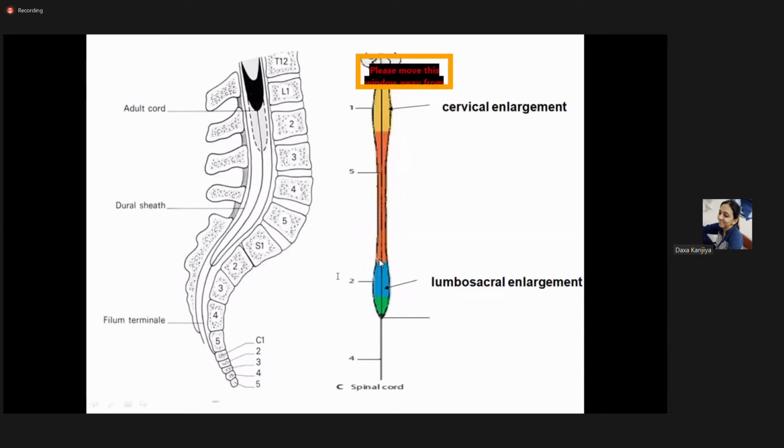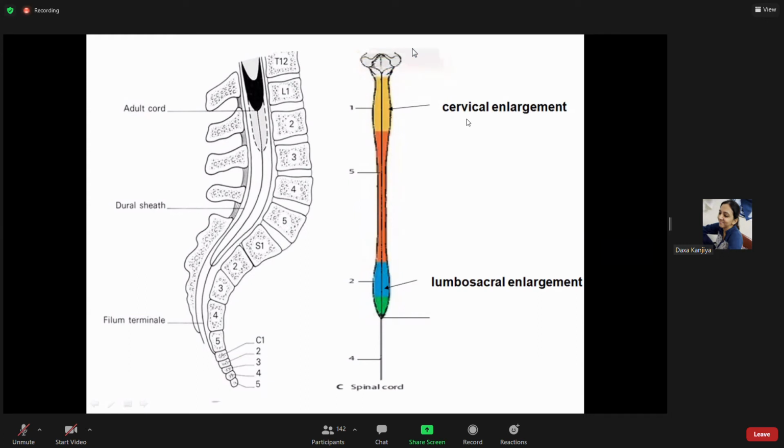Now, there are three meninges surrounding the spinal cord. Can you name the three meninges covering the brain as well as the spinal cord? Yes: pia mater, dura mater, and arachnoid mater.